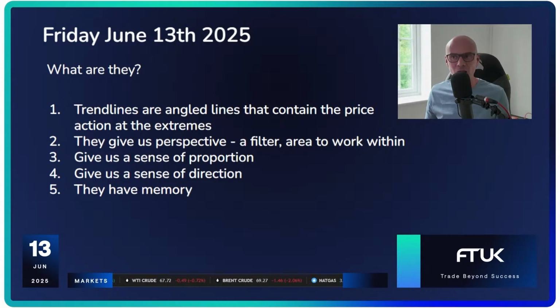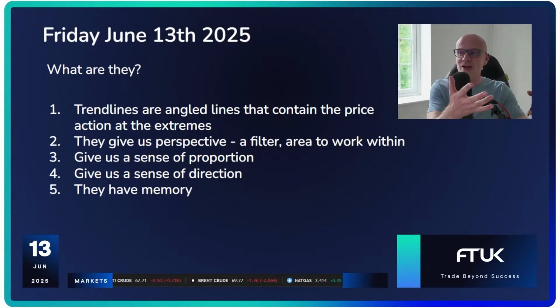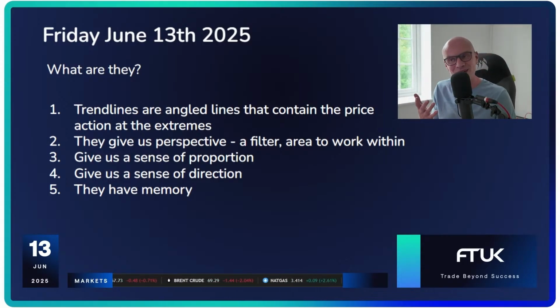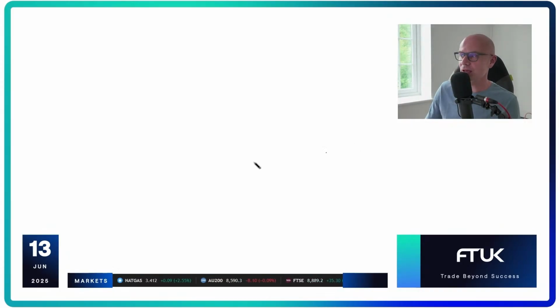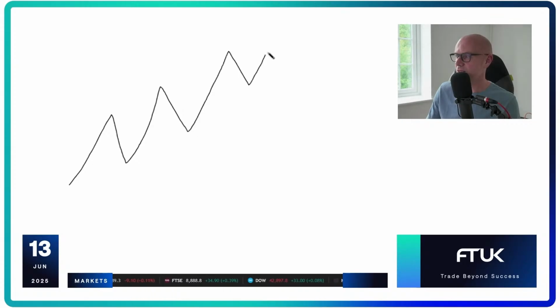First up, let's define what they are. Well, everybody should know what they are. Everybody thinks that they know what they are, but can you define it? Well, in theory, a trend line should be an angled line that in some capacity contains the price action at the extremes of that price action. So in its simplest format, you could say that you've got a sequence of a higher high and then a higher low, again, a higher high, higher low, and this is going onwards like that.